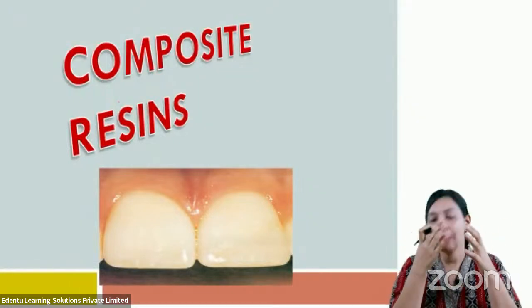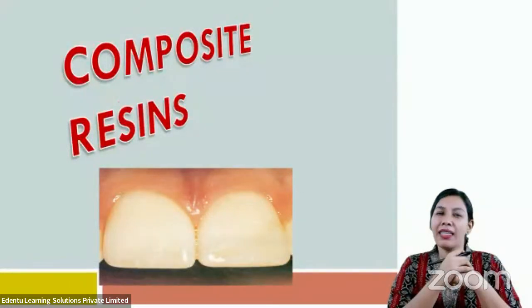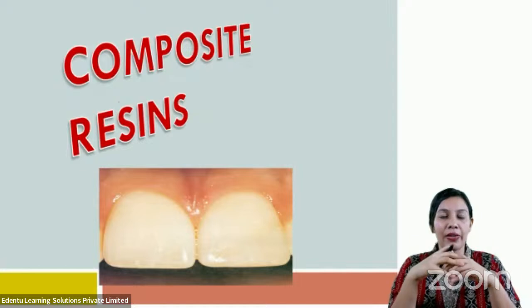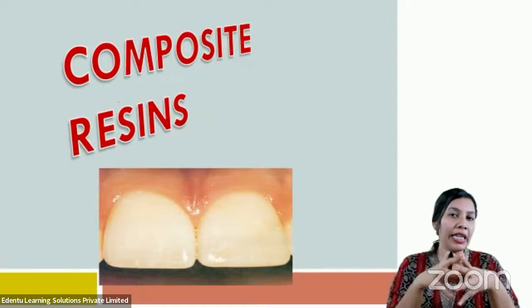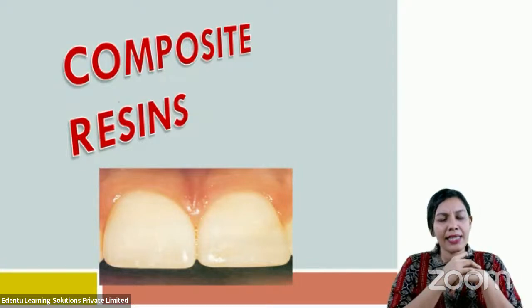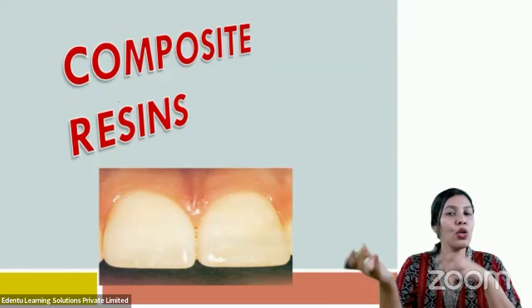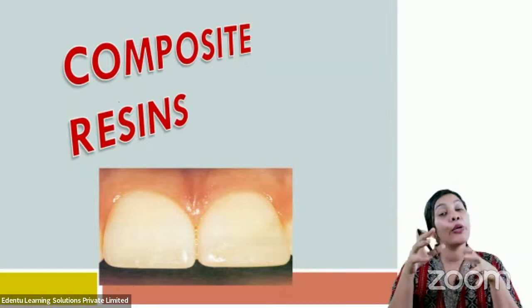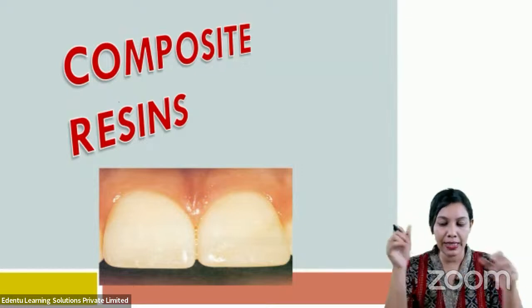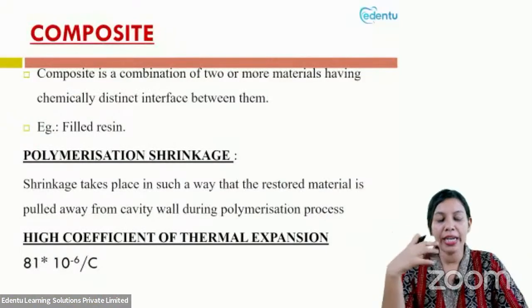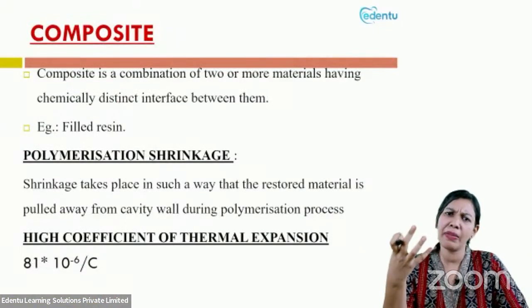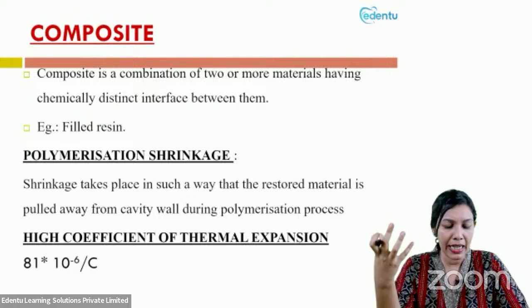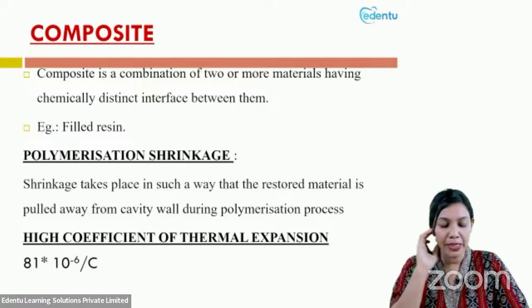So that was the main important resin that is commonly asked, the acrylic resin. You need to know the difference between heat-cure and light-cure resin. Next is composite resin. Composite resin will be dealt with later also, so I'm just briefing the main important things you need to know. Composite is a combination of two or more materials having a chemical interface in between.